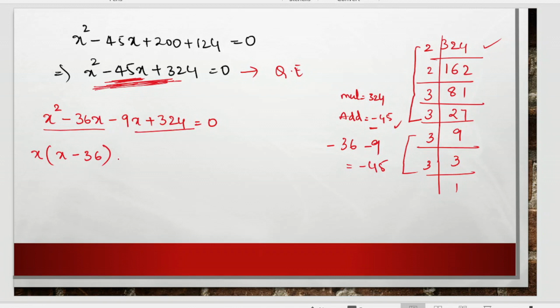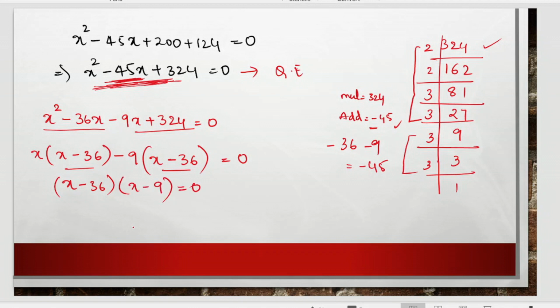From the next two terms, if we take minus 9 common, you will get x minus 36. 36 into 9 is 324. We have x minus 36 common, so let us take x minus 36, and the remaining is x minus 9, equal to 0. Now let us set each of them to 0: x minus 36 equals 0 and x minus 9 equals 0.